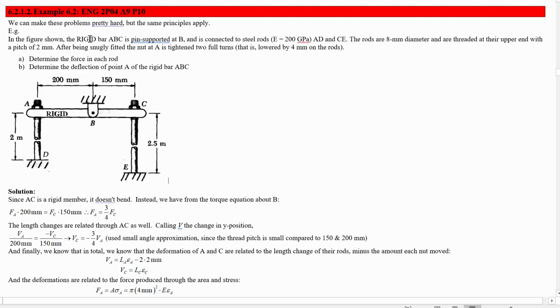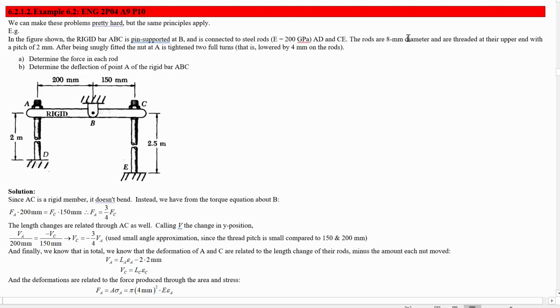So in the figure shown below, the rigid bar ABC is pin supported in the middle there and is connected to steel rods, that rod and that rod, which have a Young's modulus that's given as 200 gigapascals for this particular steel. And the rods are AD and CE.